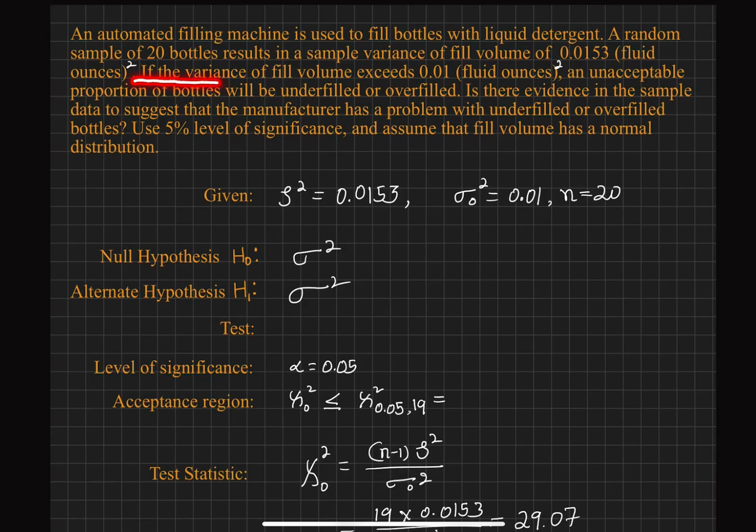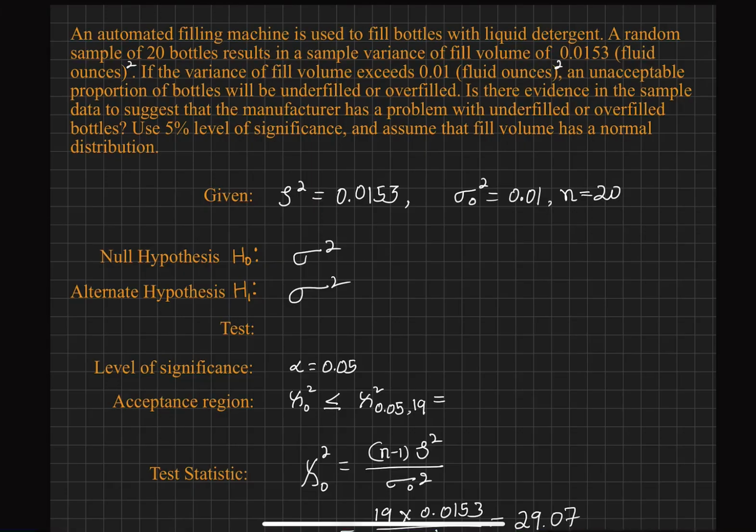If the variance of fill volume exceeds 0.01 fluid ounce square, an unacceptable portion of the bottles will be either underfilled or overfilled. Is there evidence in the sample data to suggest that the manufacturer has a problem with underfilled or overfilled bottles? Use 5% level of significance. So this is the problem we are given here.